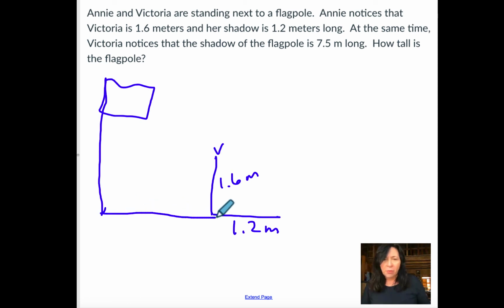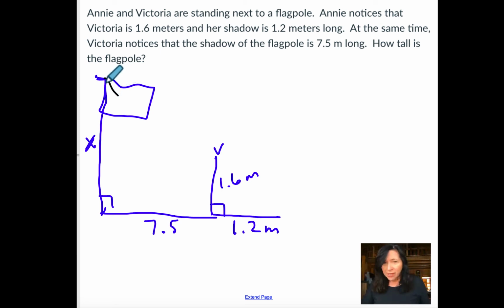So here's 7.5. That's the shadow. How tall is the flagpole? So we're trying to find how tall this flagpole is. So it looks like we have right angles here. We have two ratios that are going to be, because of the height and this being two triangles, right? It's going to give us corresponding angles and all kinds of cool stuff, right?